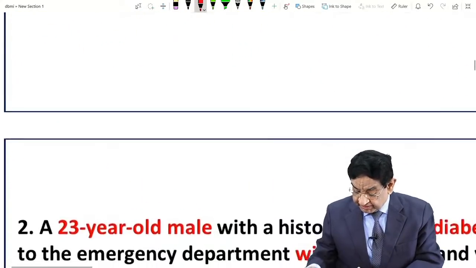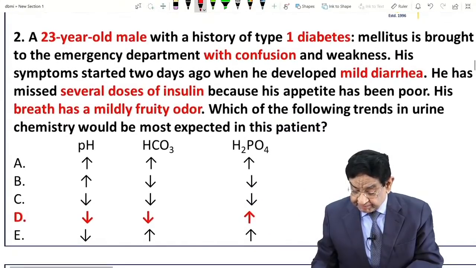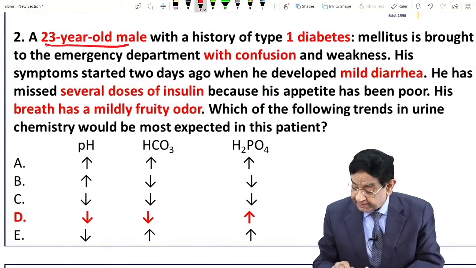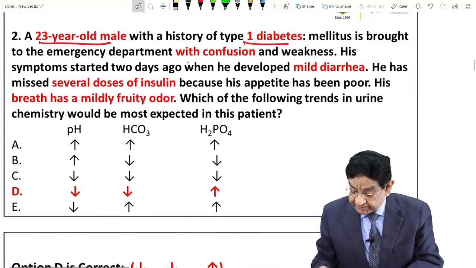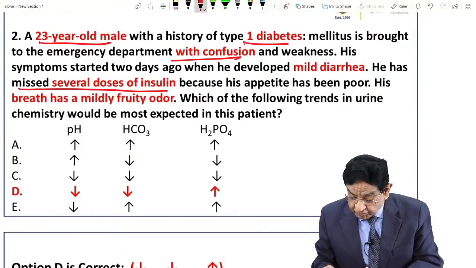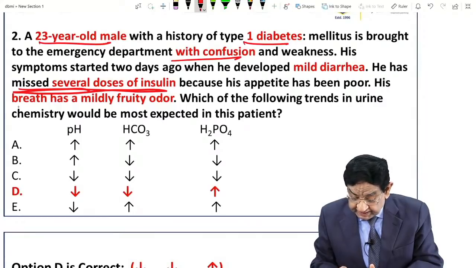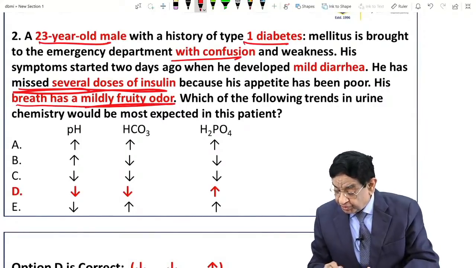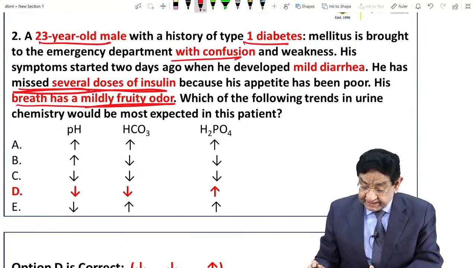With this, now let's go to question number 2. We are getting a 23-year-old male, type 1 diabetes. He's brought to the emergency with confusion and he has missed several doses of insulin, and his breath has a mild fruity odor. What is the most likely diagnosis?